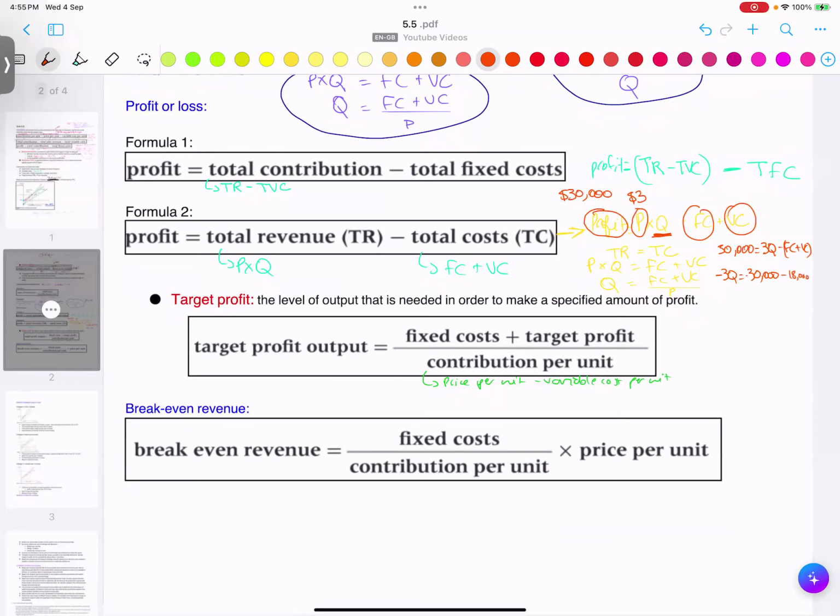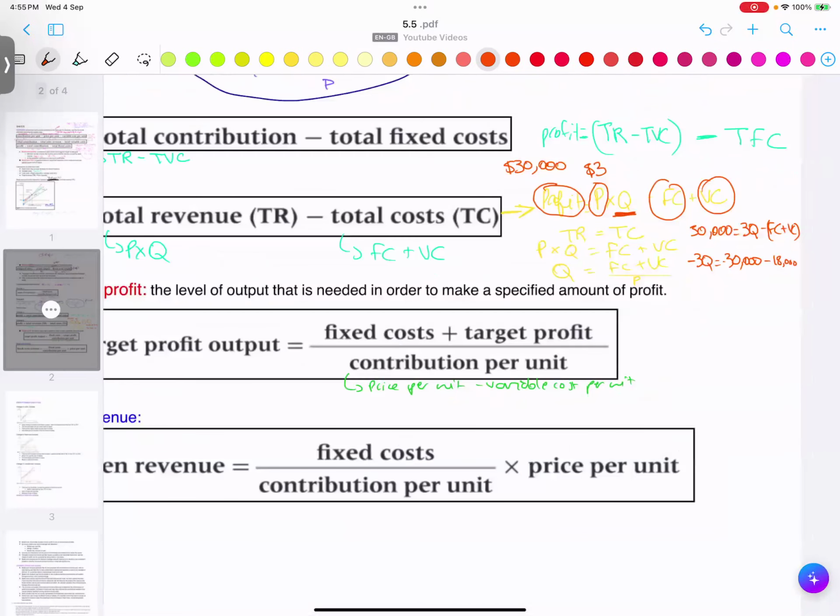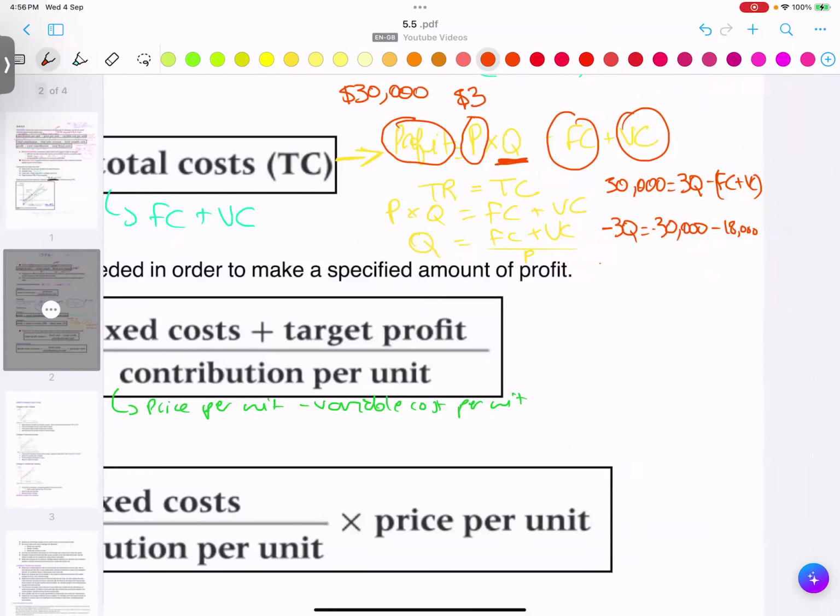I hope you guys can see. After that, I get minus 3Q equals minus 30,000 minus 18,000, which is minus 48,000, right? So you just divide by minus 3, you get Q, and you get whatever number you really get, and that's really it. So you just get your answer.